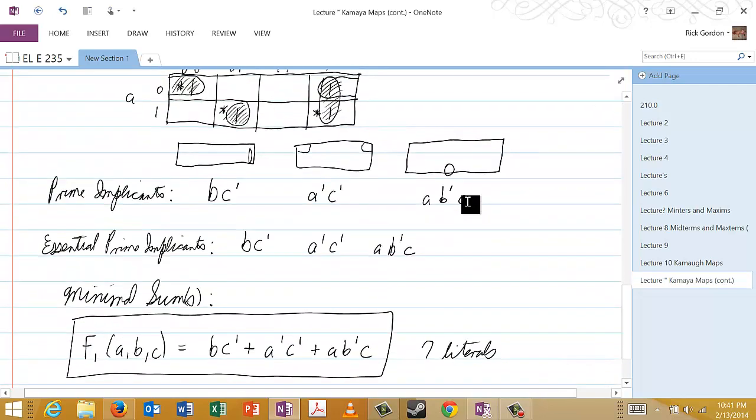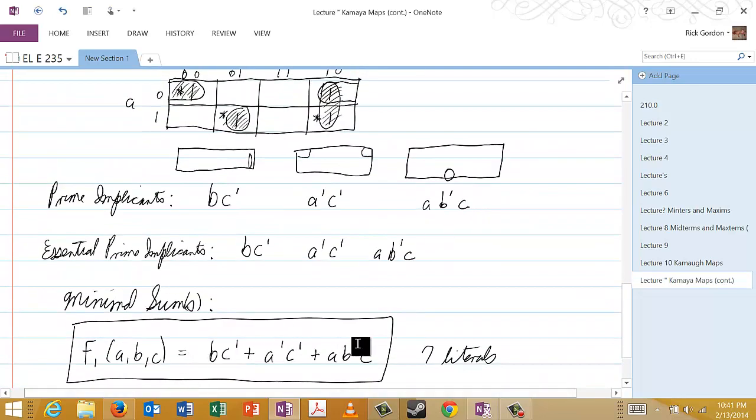You should know now how to take any expression for a function and find the minterm expansion. In this case, it would be very easy. You just need to AND the first term with A or A prime, and the second term with B or B prime, and then eliminate any redundancies, and you'll get the minterm expansion.